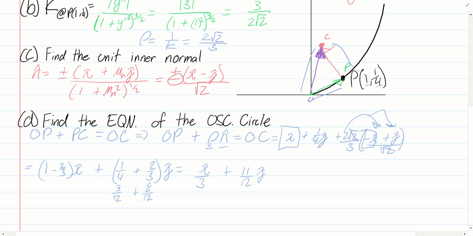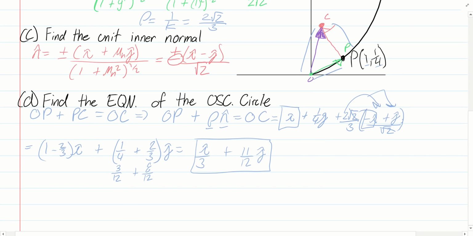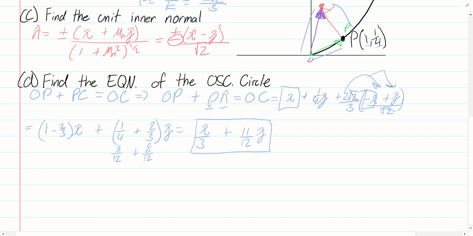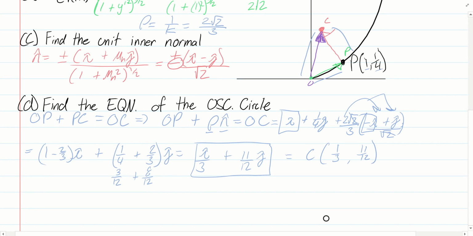Sometimes they would like it if you factored out stuff, but you can leave it as just that, since they're not specifically asking for the point to center vector. But now we know that this is going to be our center. So this implies our center is then (1/3, 11/12), which makes sense because it's a little bit less than 1 because we're going in the negative i direction, and it's a little bit greater than 1/4 because we're going in the positive j direction.